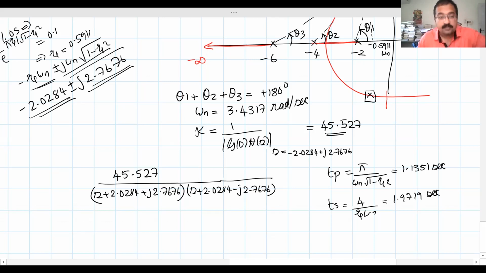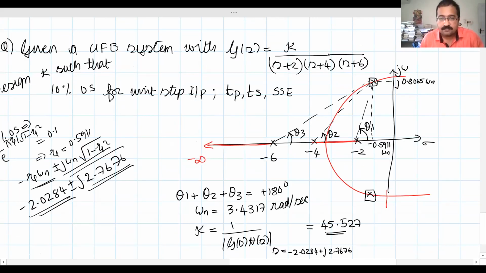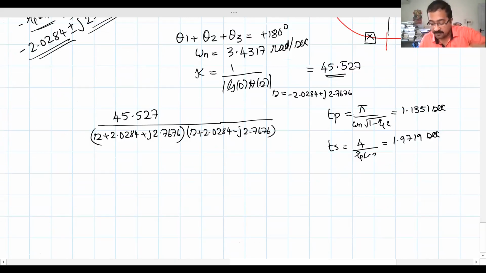Okay, now what next? We have to calculate the steady state error. Okay, what's the type of the system? System type is 0. What's the type number of the system? It is 0. The open loop plant does not have any pole at the origin, so the type number is 0. Right? So we have to find the static position error constant Kp.